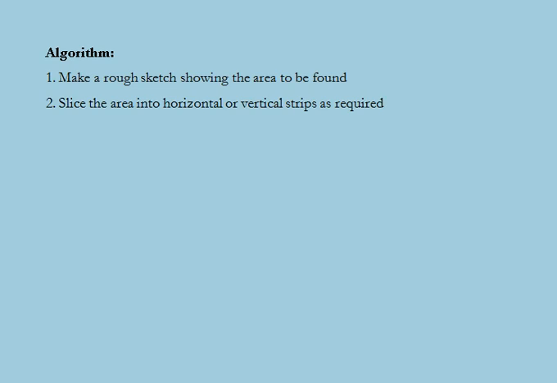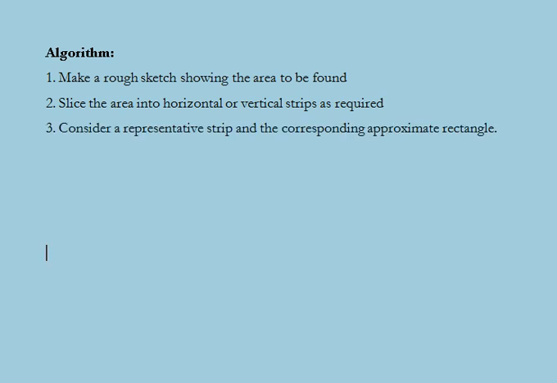Next, we are going to find the algorithm which can be used to find the area of a bounded region. In order to find the area of bounded regions, we use the following algorithm. The first step is to make a rough sketch showing the area to be found. The next step is to slice the area into horizontal or vertical strips as required in the given problem.